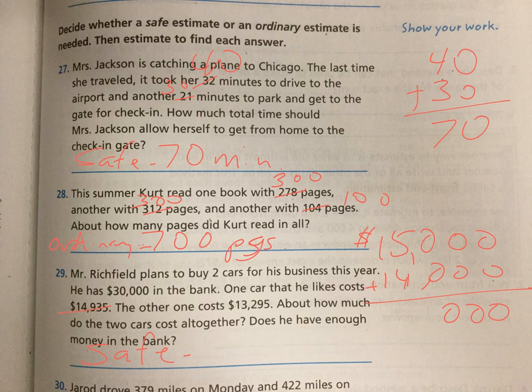Add them together. We get $29,000. So we write that amount, $29,000. And does he have enough money in the bank? Yes. All right. Let's check it out now.